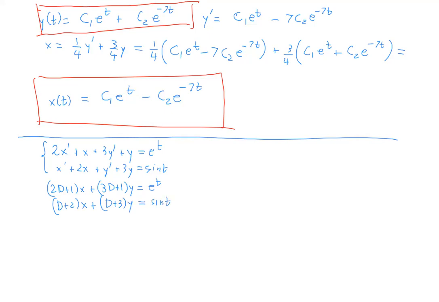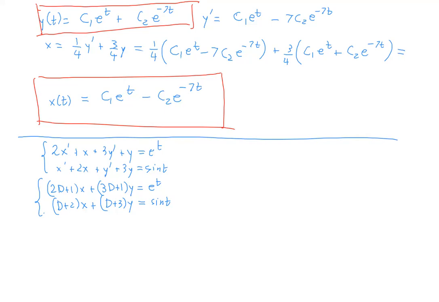Okay, so this according to what we already said. Here comes the interesting part that I would like to show you. So what would you want to do here in order to eliminate x?